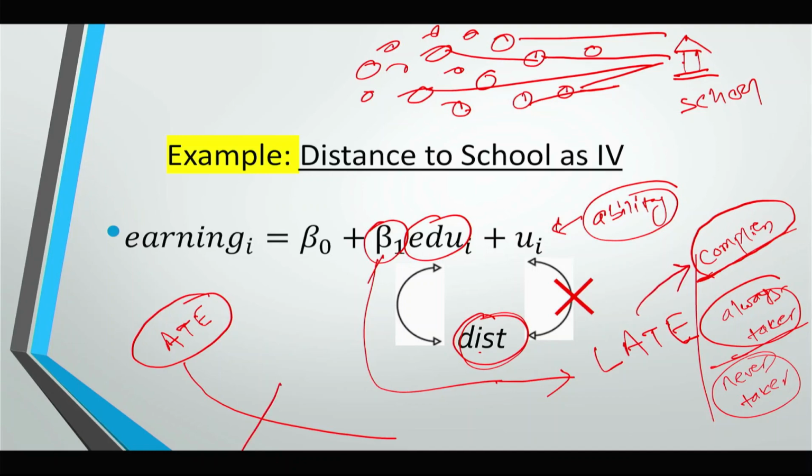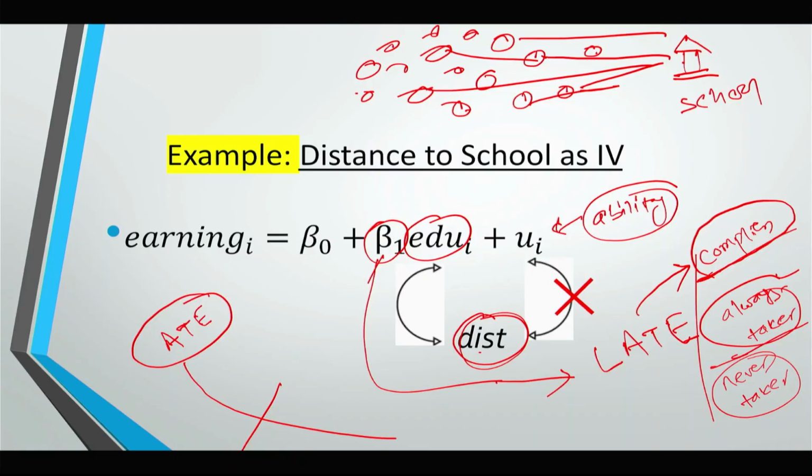What does it mean? Compliers means let's focus on the relationship between education and distance. Here we are arguing that those who are closer to school will have more years of education, and those who are far from school will have fewer years of education. But what if a person who is far from the school has more years of education?